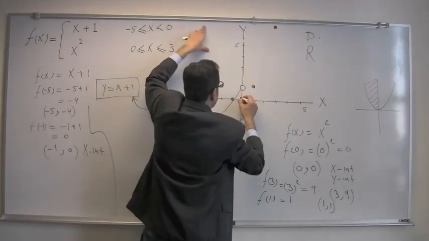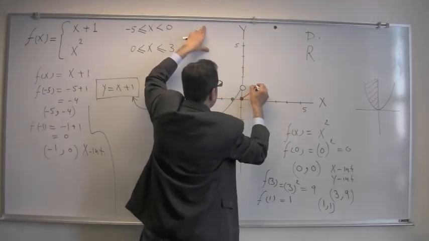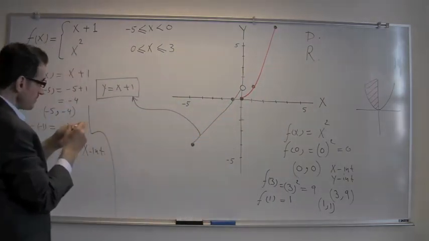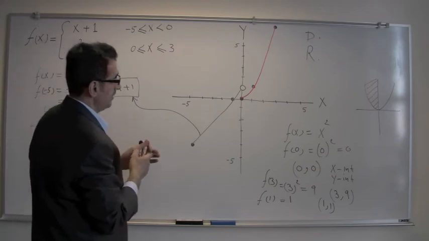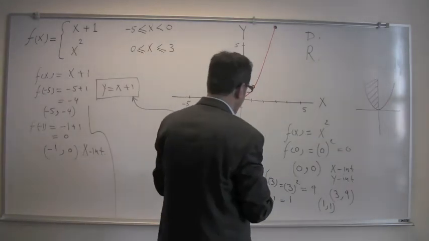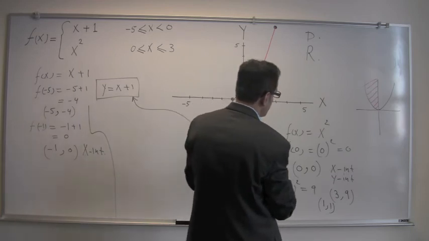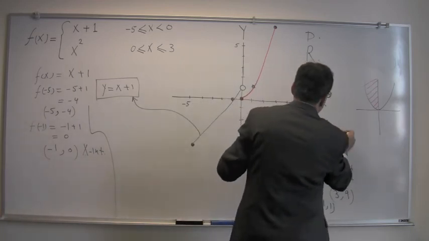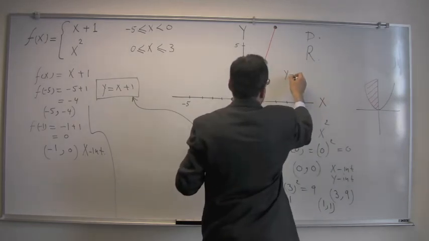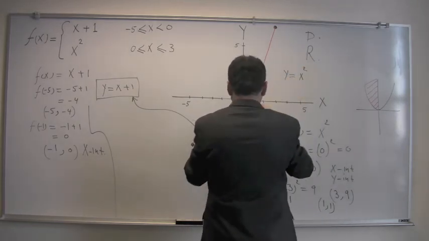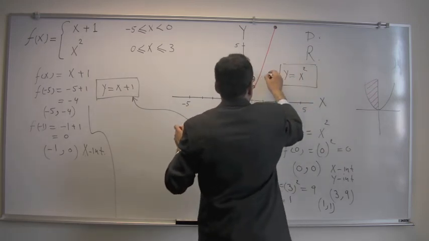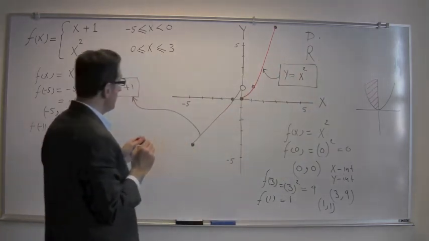It will be a parabola here, stopping at 9. That's part of the parabola, this part is omitted, only that part. This function is y equals x to the power 2. This function is this graph.